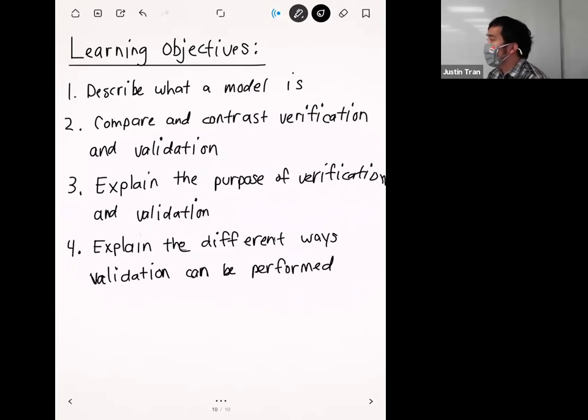Next week's activity is based on modal analysis and frequency response. If you're interested in structural vibrations, that will be an interesting activity for you. My last activity after Thanksgiving is about buckling, another type of analysis you can do in ANSYS, and we'll talk about how to do that after the break.